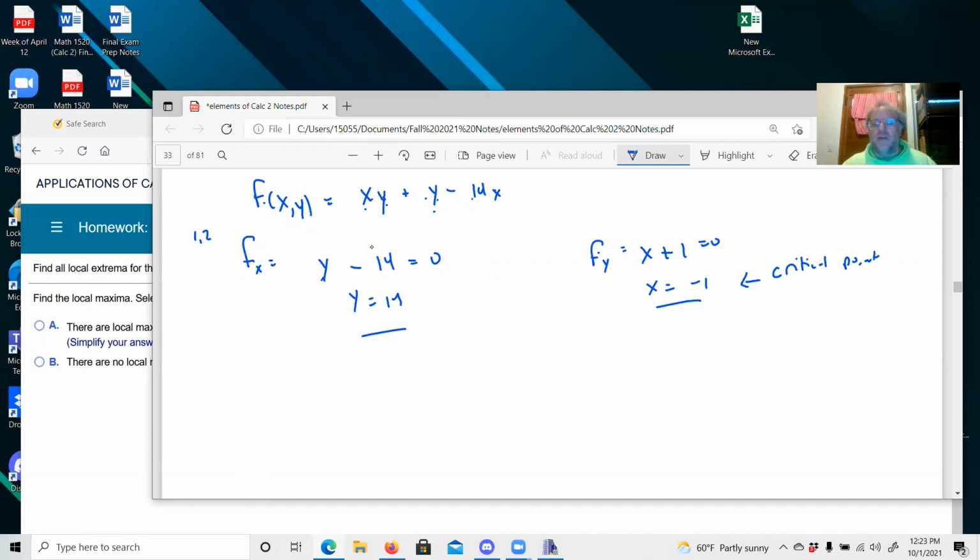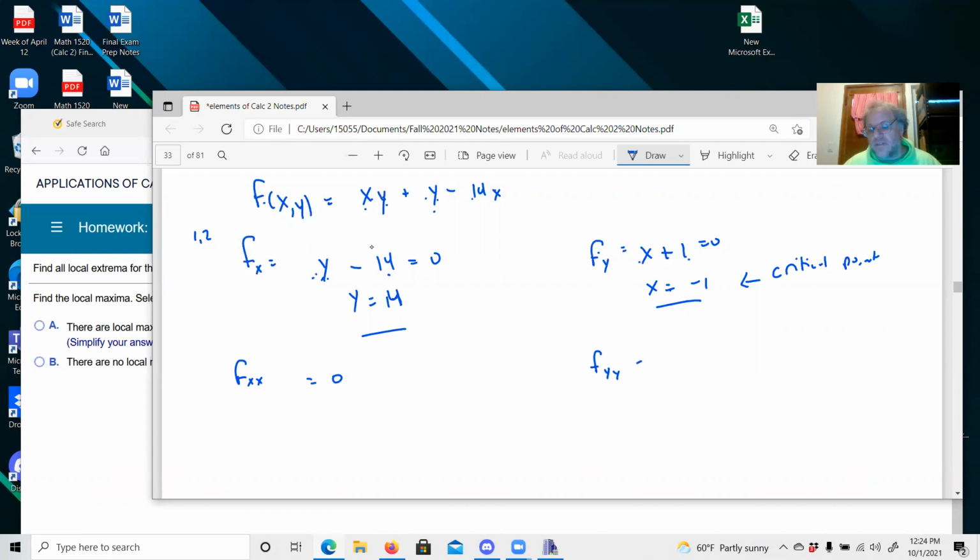If we have points that we have to plug into our determinant, our D, then these are the points we're going to be picking. Now we also have to know, what is f of xx? Let's take this x derivative with respect to these two. They're both constants, 0. How about fyy?